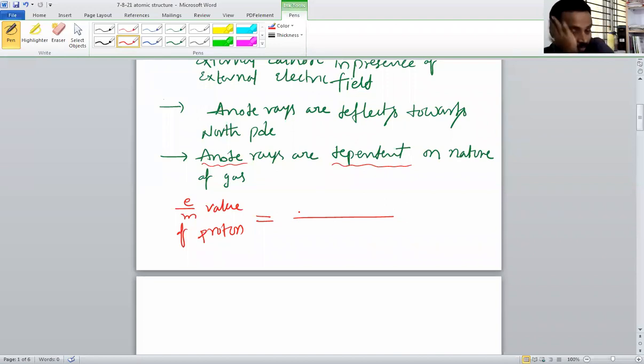For the proton we use plus 1.602 into 10 power minus 19 coulombs. This is in coulombs, right? In kg you have the SI units. Okay. So what is the mass of the electron?